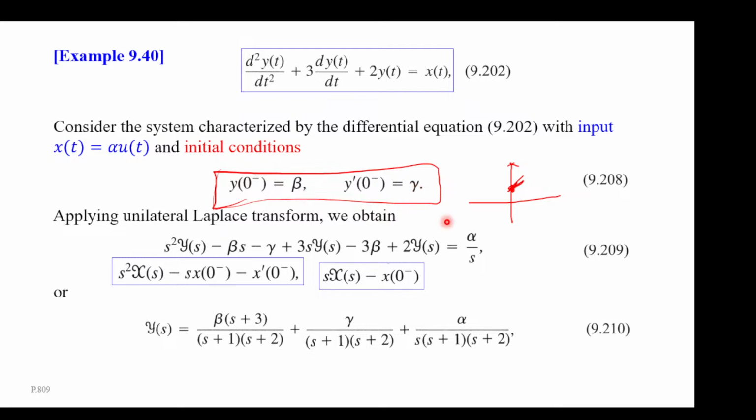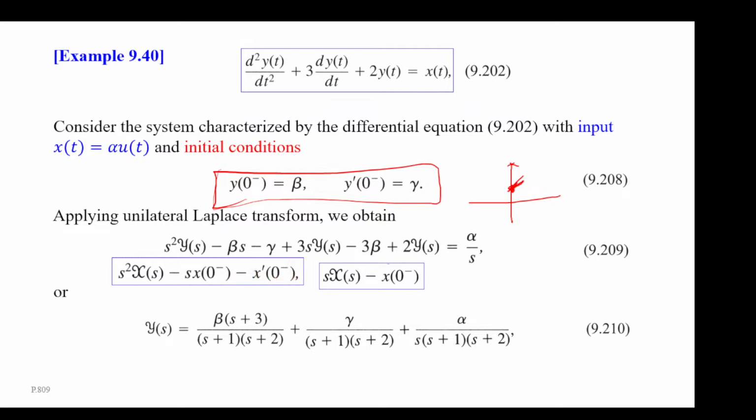And here we just say some numbers beta and gamma. Okay, and so what do we do here? We apply the unilateral Laplace transform on both sides. The unilateral Laplace transform of x of t is a very nice function, just like the bilateral Laplace transform, alpha over s. And for d squared y dt squared, the unilateral Laplace transform is a more complicated formula, the one we talked about before: s squared big X of s minus s x at 0 minus minus x prime of 0 minus.